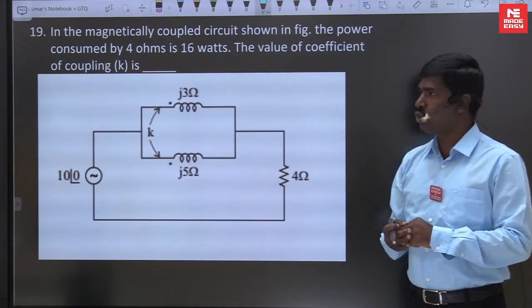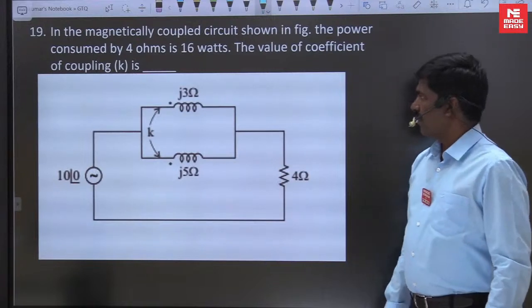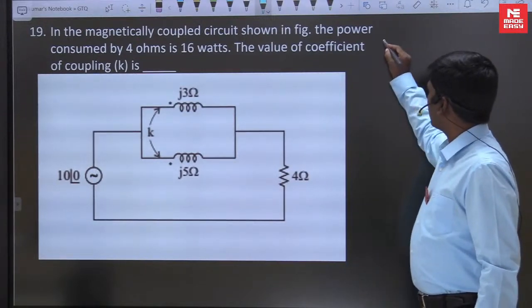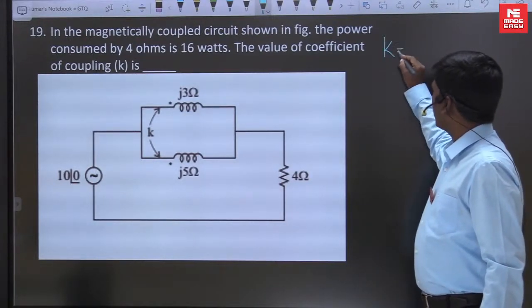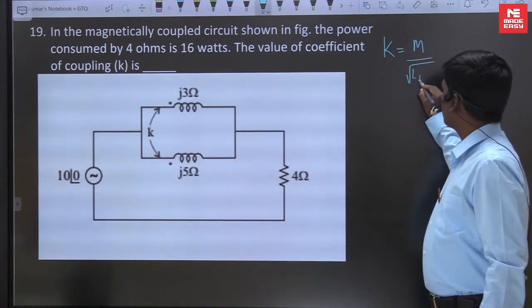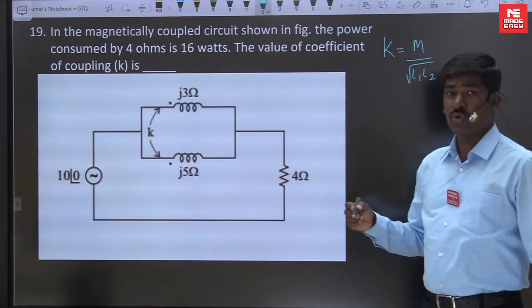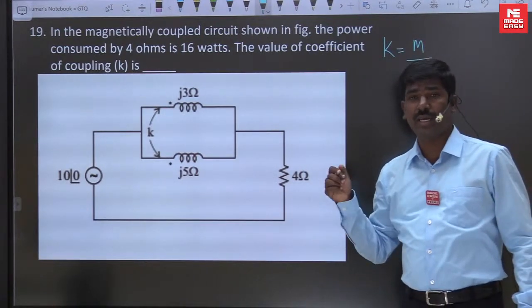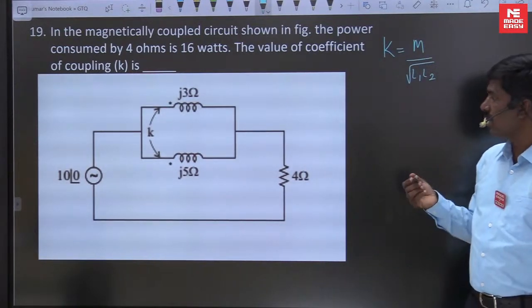First, how to approach. Our requirement is the coefficient of coupling K. The formula is K equal to M by root L1 L2. But L1, L2 and M values are unknown.